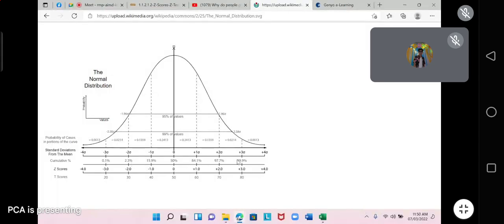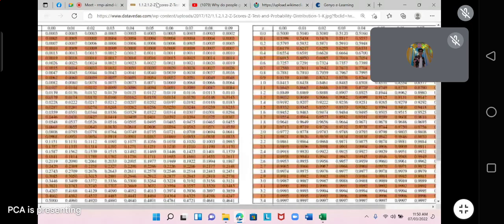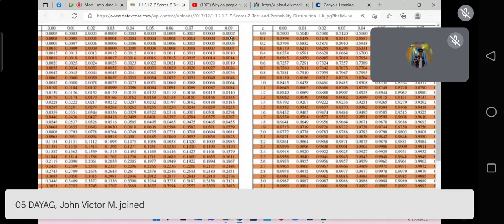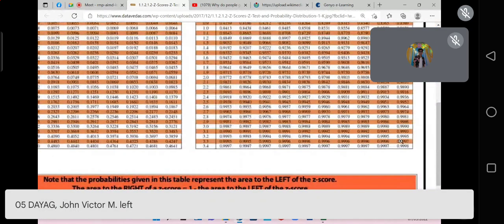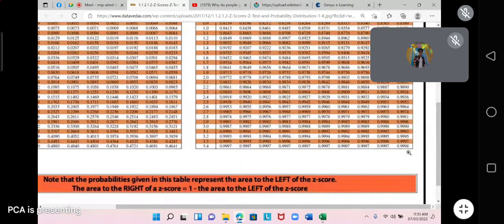So this cumulative percentage is the representation of your table here. It's going up from 0.0002 up to 0.99998. That is close to 100% or 1.